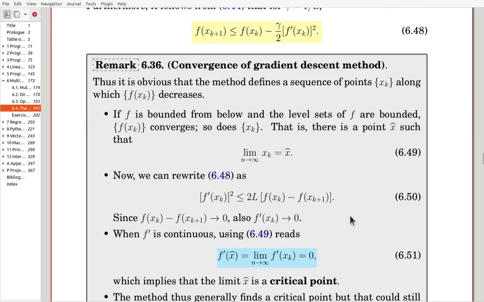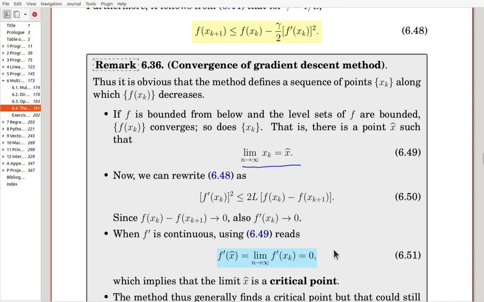Here we have a convergence analysis. You can read the remark, but the main idea is here. Once xk converges to x hat, then at x hat, the limit, the derivative f prime is 0, which means that x hat is a critical point.